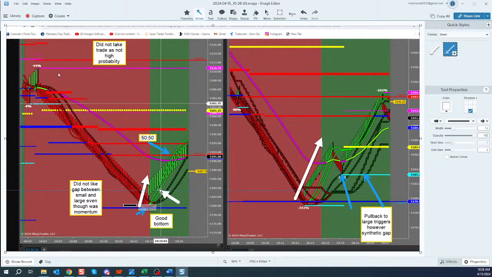Notice that your small triggers are up and strong. Notice that your large triggers have already rolled. Notice that you're in the momentum phase. That little pullback right to the large triggers is one of the most effective ways to use that momentum off of a great termination condition to get up to that midband, to get up to that problem area. And it gives you a pretty straight run right to trouble. Does that make sense?